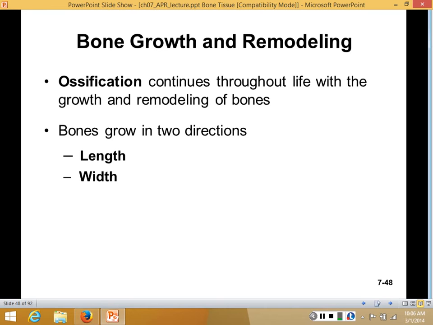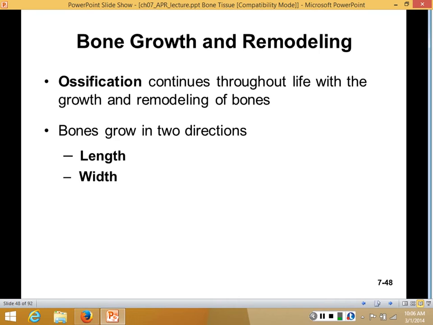Ossification continues throughout life with the growth and remodeling of bones. Bones grow in two directions, in length and width. There are two terms to describe the growth of bone. You have interstitial growth and you have appositional growth. The interstitial growth, of course, is responsible for the elongation of the bone. Appositional growth, of course, the diameter and the width of the bone will actually increase due to appositional growth.